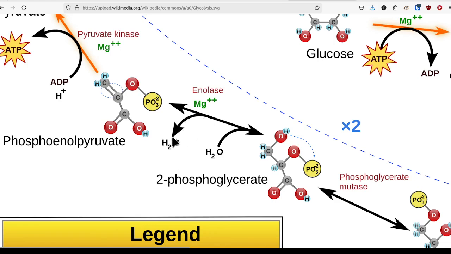That's shown with this arrow going out. This arrow goes backwards. If we're going backwards, we've got water going in, shown with this part of the curve. So we're going this way, and we're taking water out. We've changed the number of bonds to hydrogen and to oxygen. So this enolase is a kind of oxidoreductase.